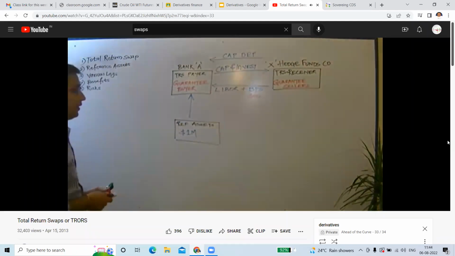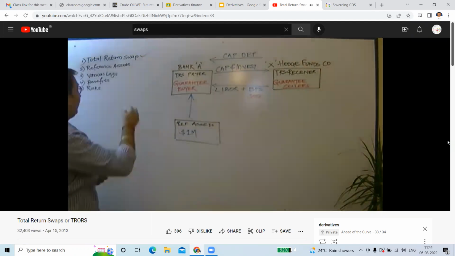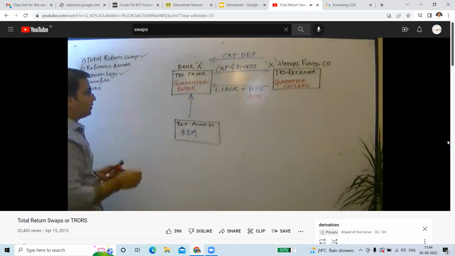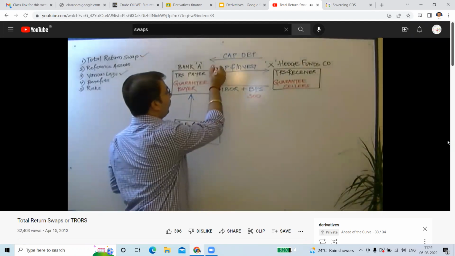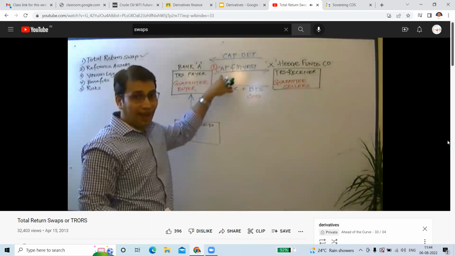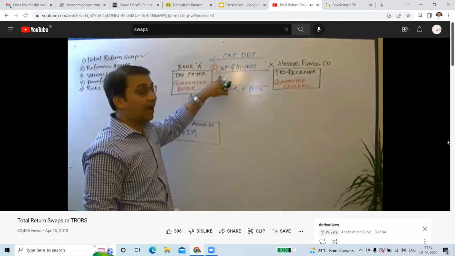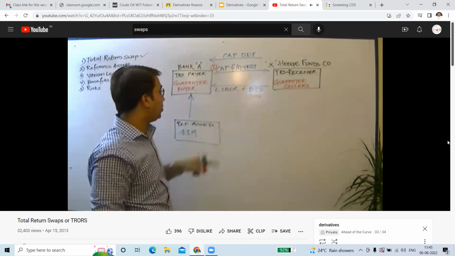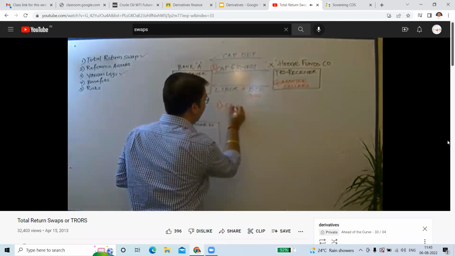So now we have seen how total return swaps work. Now we will see the various legs. This is leg 1 for this swap transaction, which includes a cash flow and a capital appreciation.